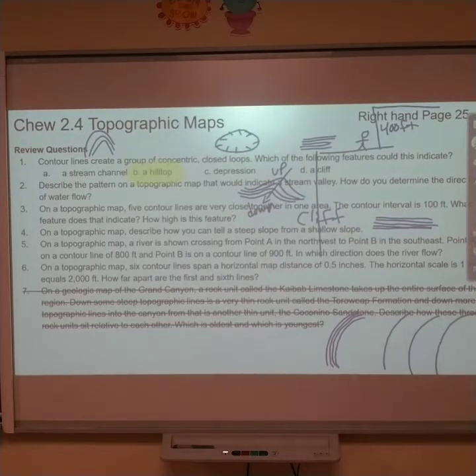On a topographic map, a river is shown crossing from point A in the northwest to point B in the southeast. Point A is a contour line of 800 feet, and point B is a contour line of 900 feet. In which direction does the river flow?